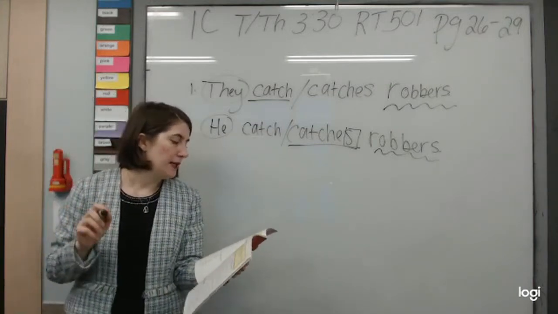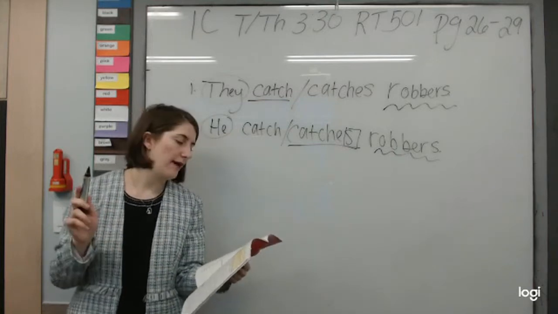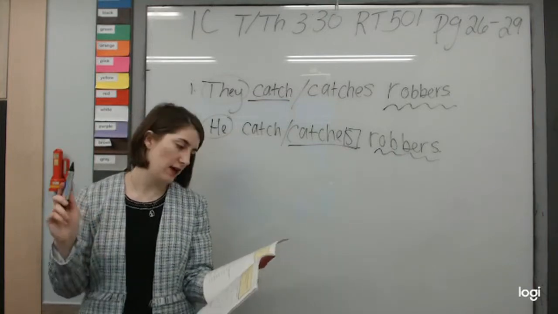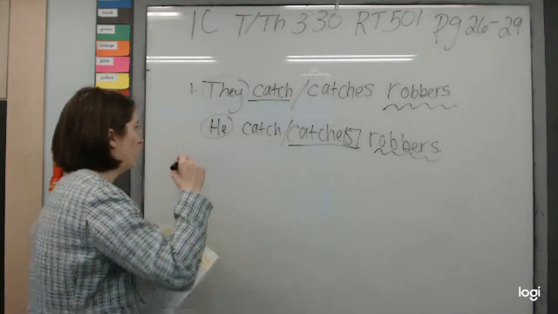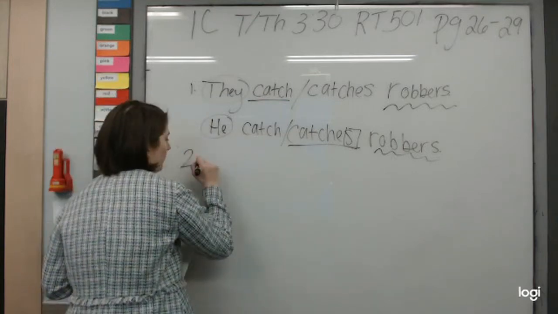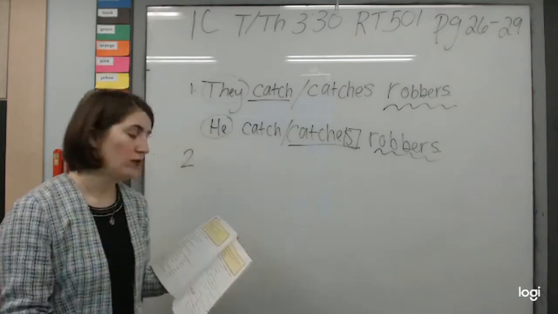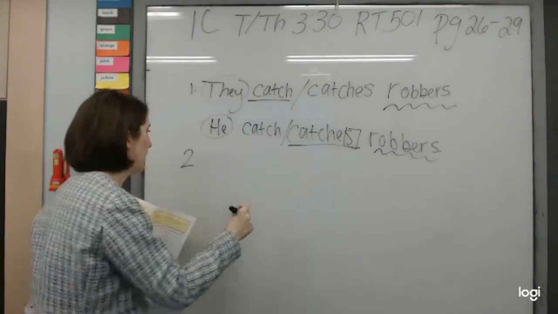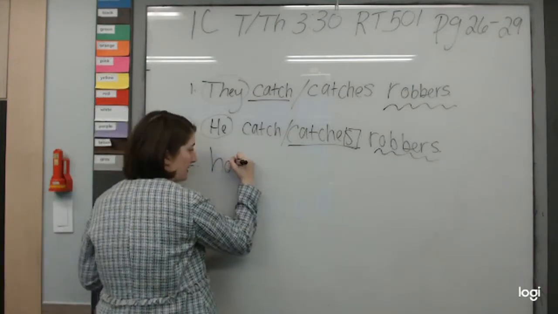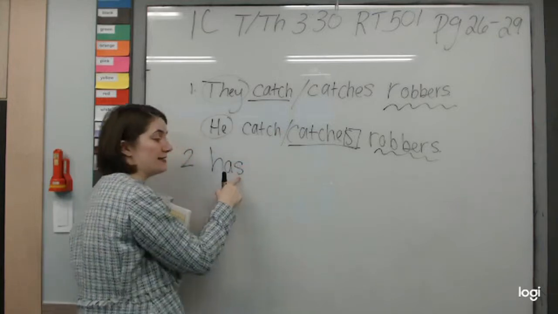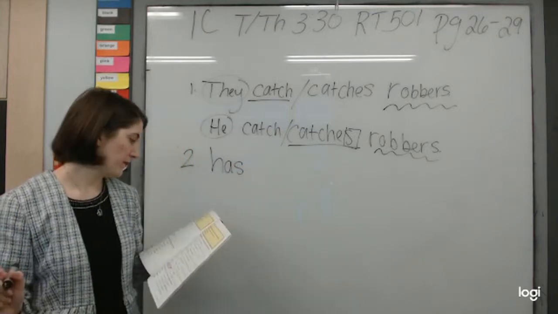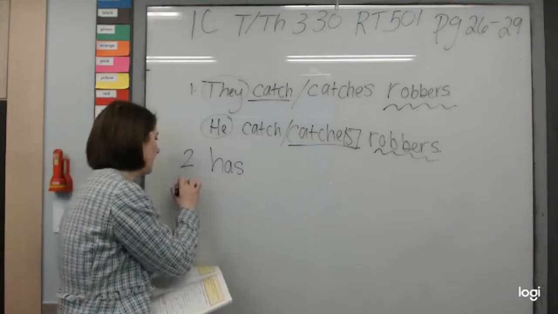Tony is a policeman. He have or has a whistle. Well, Tony is a boy. Boy, he, one. So we need an S. He has. Has. All right? Number 3.